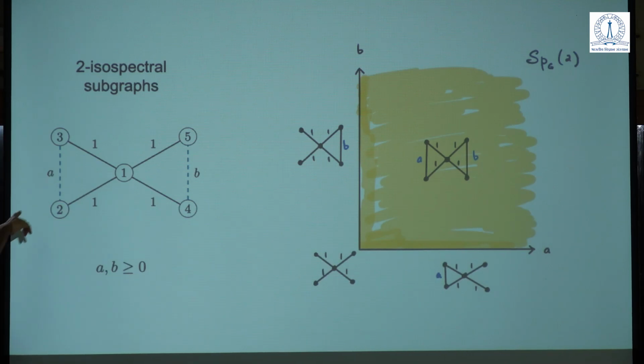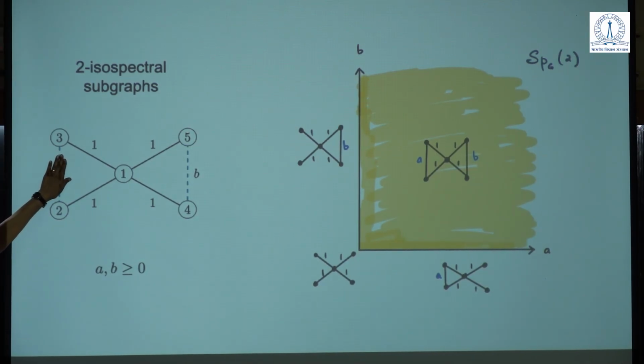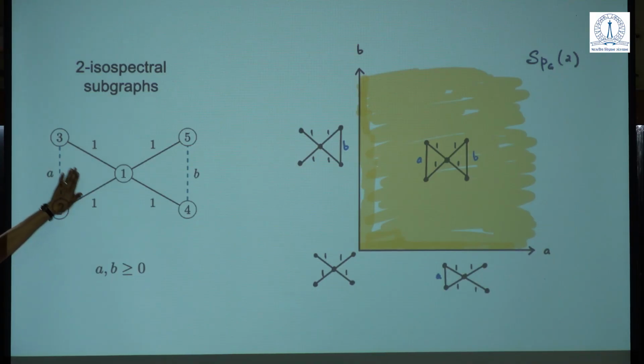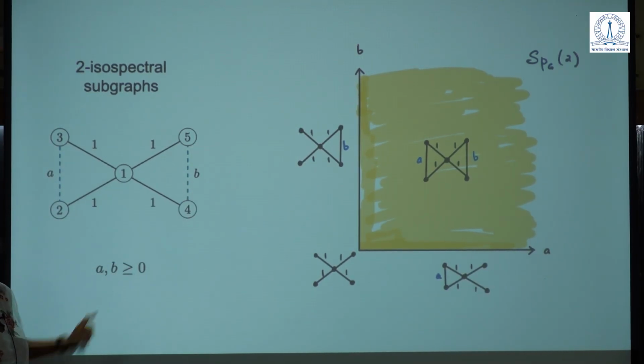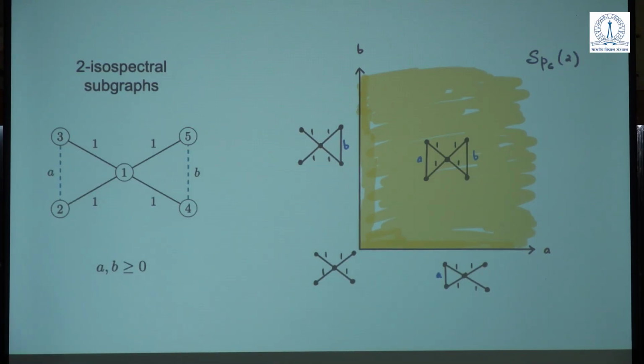But for the 3, 2 edge, you can change the weight on it. It's called A, and A is non-negative. In the very worst case, A will become 0 and this edge will go away. You can also play with the weights on this one, any B greater than or equal to 0. You can make both A and B 0, and so those are the possibilities.